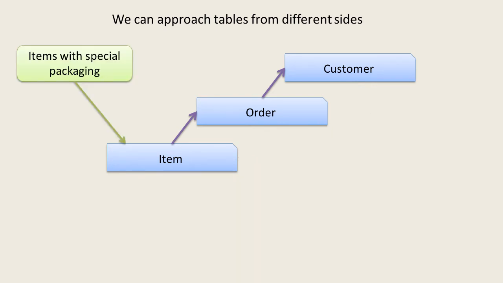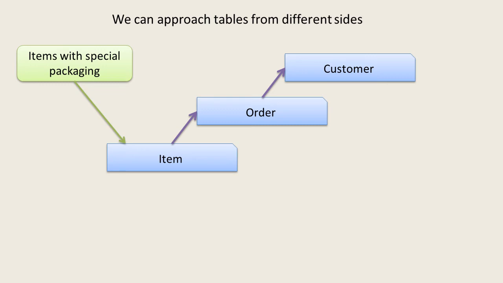For example, let's consider that we need information about items which require special packaging. Probably some items are fragile or they contain some chemicals, so they require special packaging. And if we need to establish what packaging materials we need for this, in this case, we just go directly to the item table and we query this table.